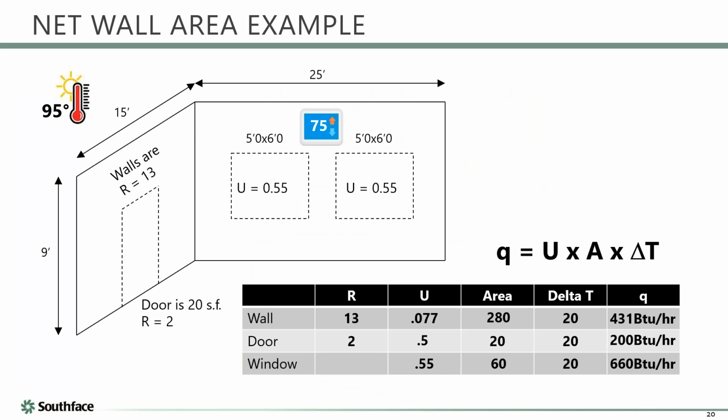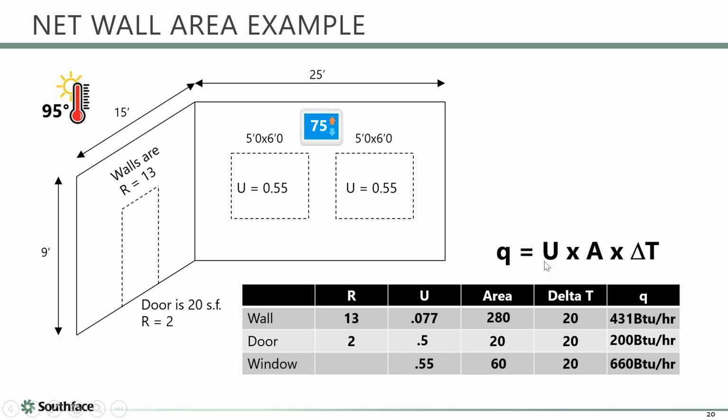We also talked about this in a lot of our webinars, which is that basic: here's a wall, here's a door, here's a window, there's a temperature difference across it. Each of those components has a different resistance to heat flow, or a different U factor, same way of saying that. And there's heat gain or loss, in this case gain, through the walls, through the door, through the glass.